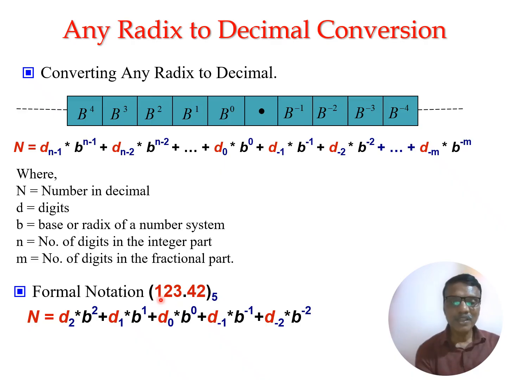So this is 1, 2, 3, and also 0.42. Here the base value is 5. This is the fractional part. So 0, 1, 2.